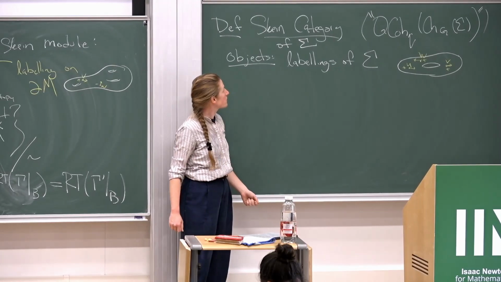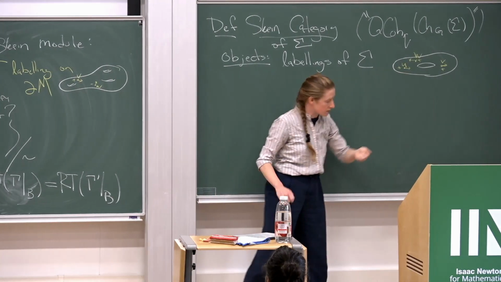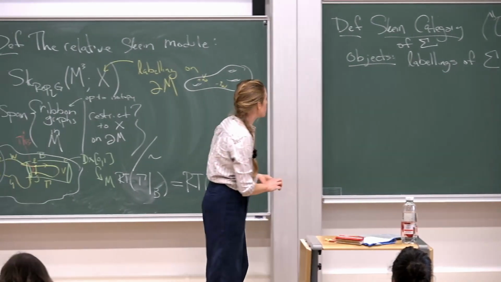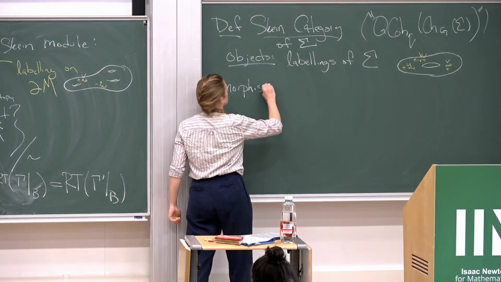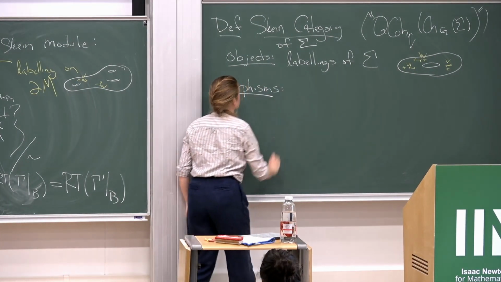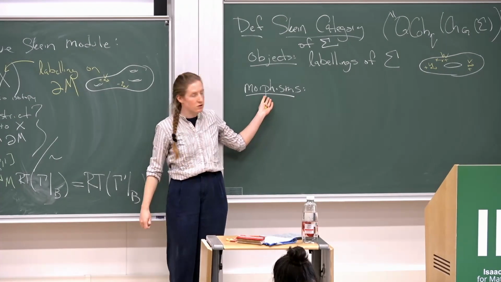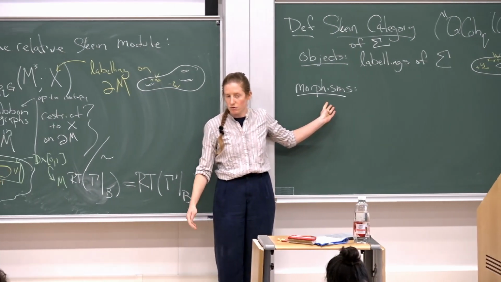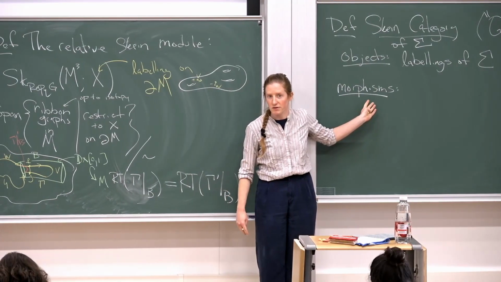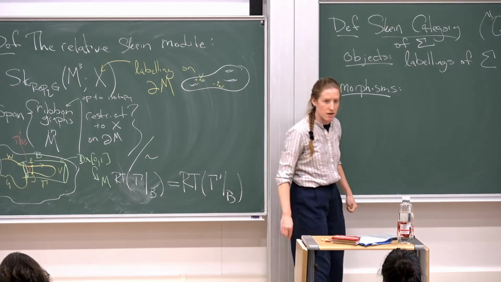Okay. So objects are these labelings, and morphisms, often when someone's telling you about a category, they tell you what each morphism is. I'm going to tell you what the vector space of all the morphisms is.